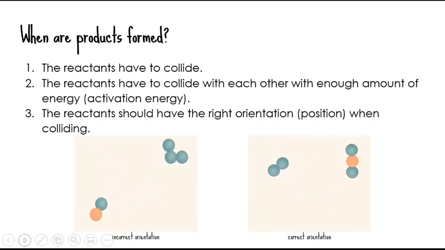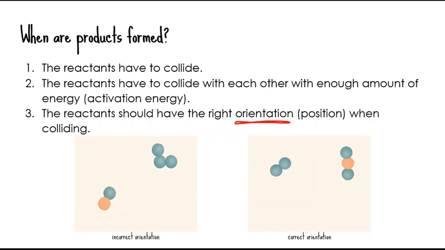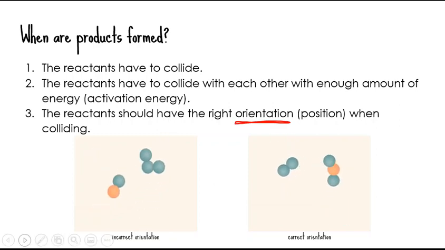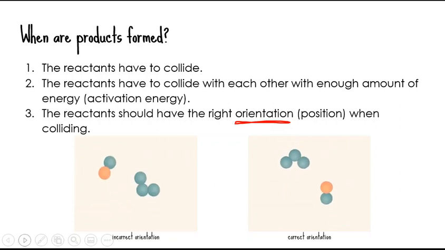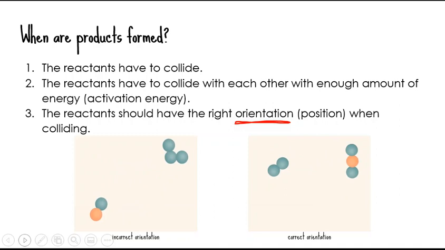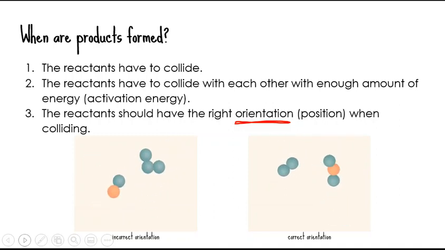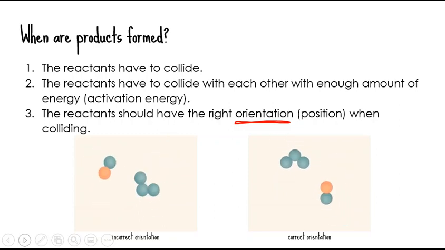Now pay attention real quick to these two graphics. The one on the left is showing you incorrect orientation. Why? Because the green or blue circles are coming near each other, and that's not where the new bond is going to form. So they're not hitting in the correct direction.